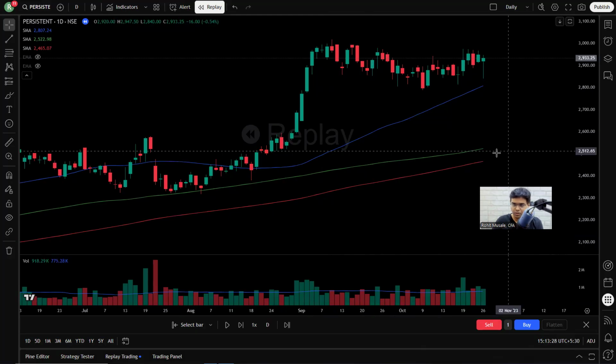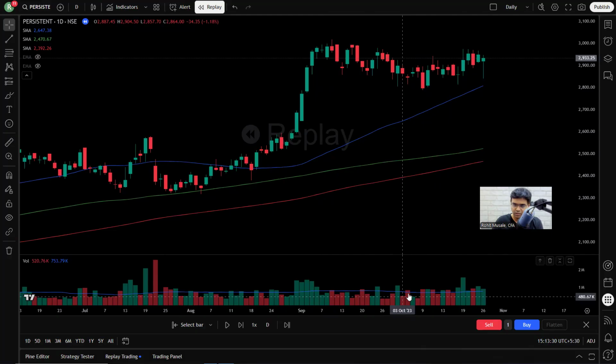Because what happens if the bar is red, and the closing is strong, above the midpoint? That's actually a bar which is in our favor. On the other hand, if the bar is green, but the closing is weak, for example below the midpoint of the same candle, that is actually a bar which is not in our favor.